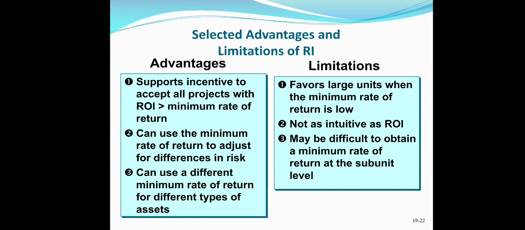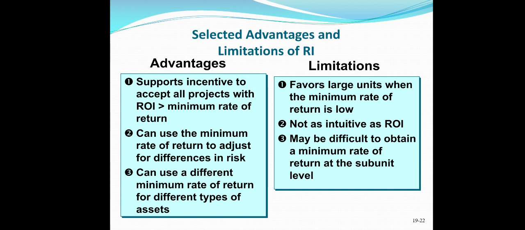If you use ROI, the percentage of the ROI is scaled by the amount of investment. So whether the unit that proposed the investment is big or small, the number is adjusted because it is in terms of percentage scaled by the amount of the investment or asset.